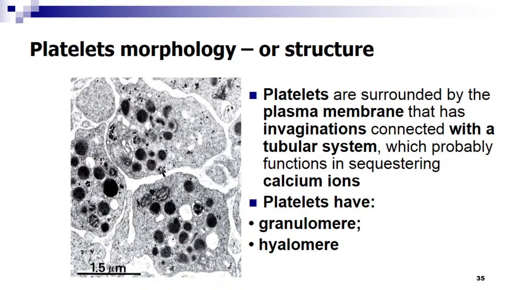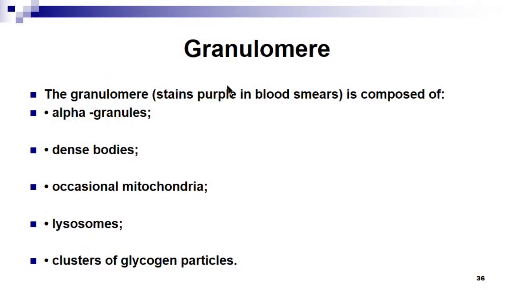The first is the granulomere, the part with a lot of granules inside, and the hyalomere. The granulomere stains purple in the blood smear and is composed of alpha granules, dense bodies, occasional mitochondria, lysosomes, and clusters of glycogen particles.